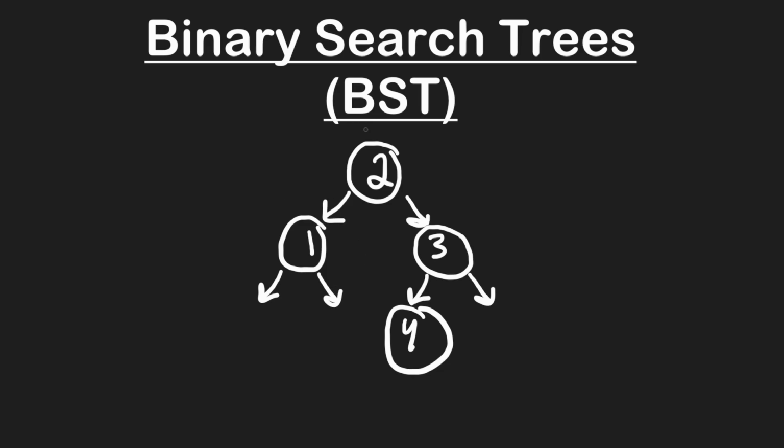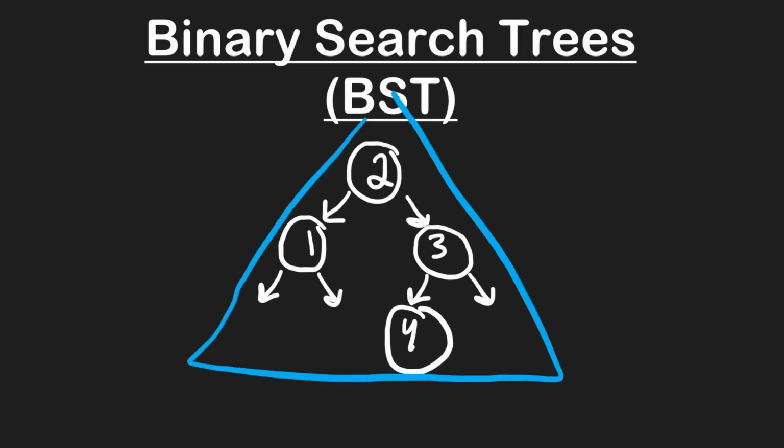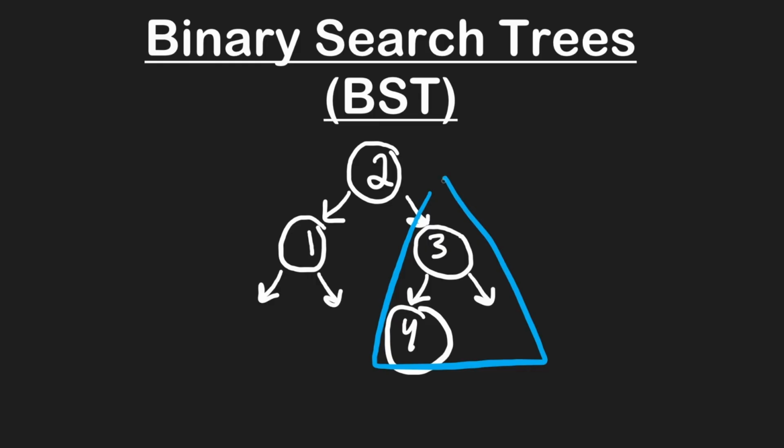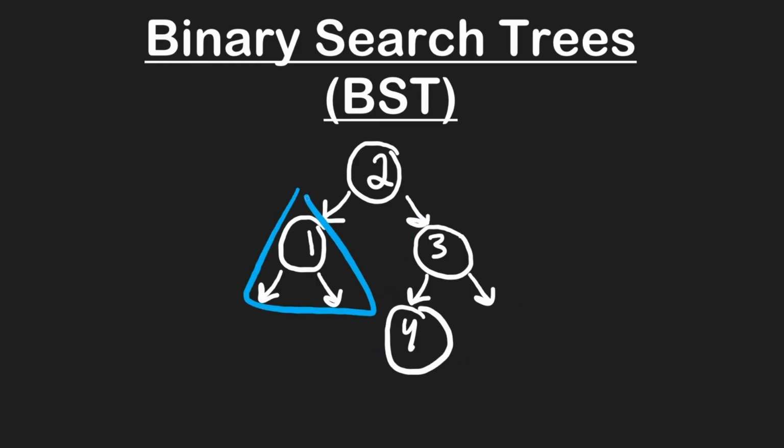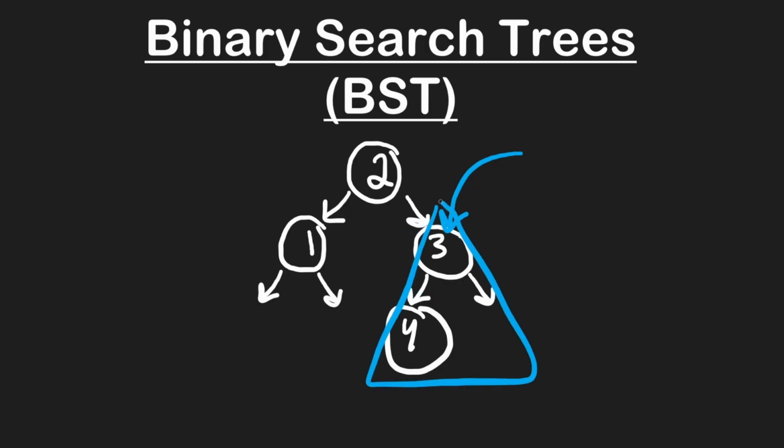In other words, it applies not only to the tree, but also to every single subtree as well. So we call that recursive because from the perspective of this node, this is its own tree. We call it a subtree because we know it does have a parent, but this is essentially the exact same as any other binary search tree. It should have the same properties. It has to be sorted.